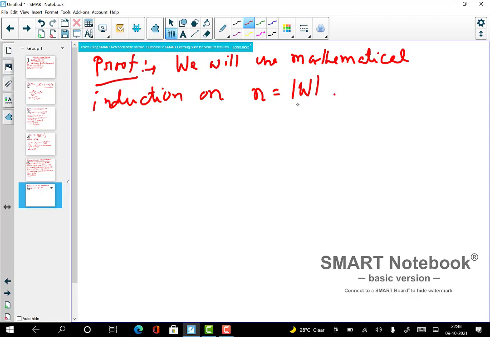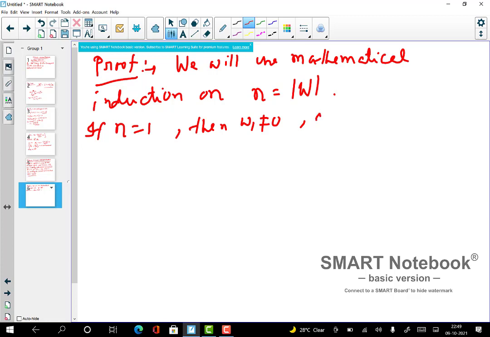Now, obviously the first case is obvious, when n equals 1. If n equals 1 and the set is linearly independent, that means the only vector is non-zero, right? Even for n equal to 1, W1 is not equal to 0, otherwise it is linearly dependent.